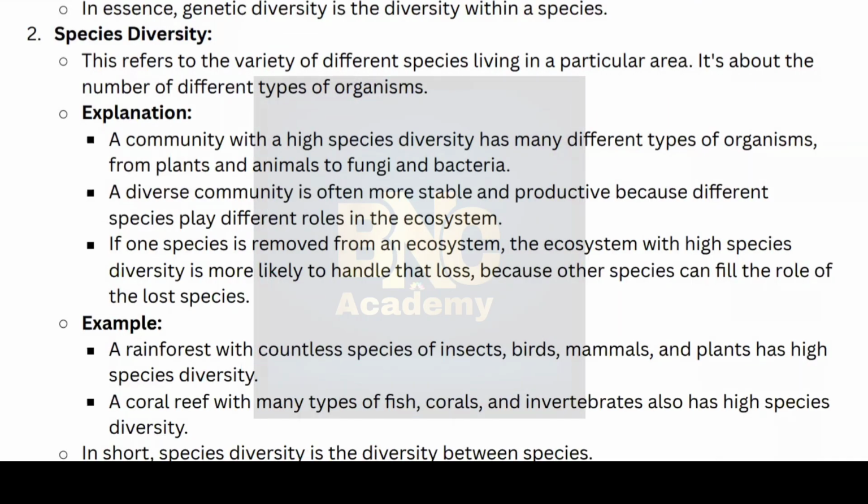It's not just about the number of species, it's about their relative abundance. A community with many different species where no single species dominates has high species diversity. Each species plays a unique role in the ecosystem, contributing to its overall health and stability.